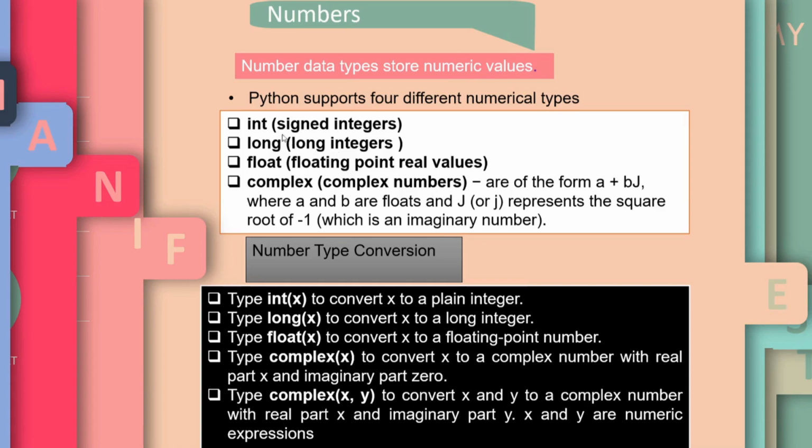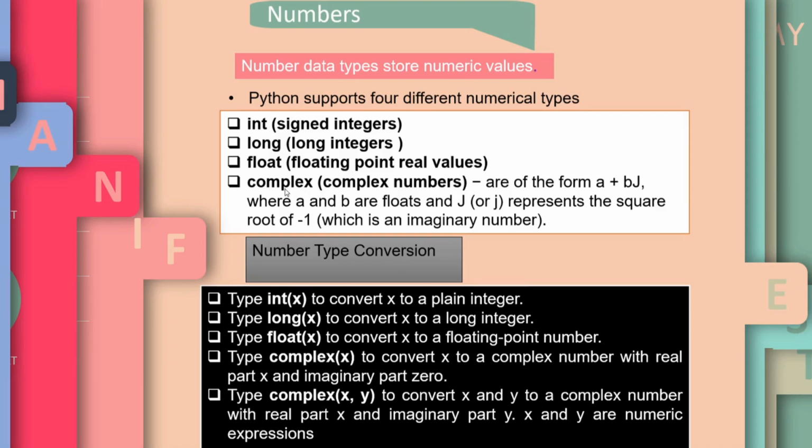Integer is just a single number. Long is a huge number. I will explain it in the interactive shell, so let me just explain here before I move there.